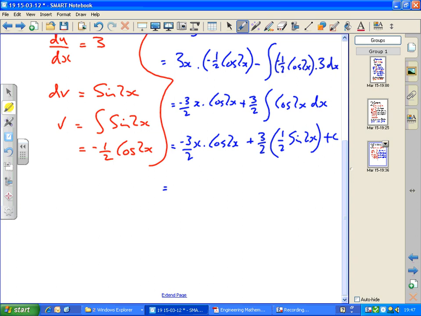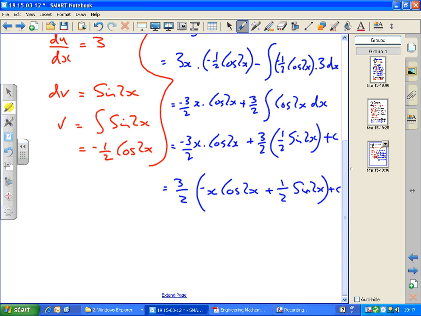We can factorise. 3 over 2 can come outside a bracket, leaving minus x cos 2x plus a half sine 2x plus c.